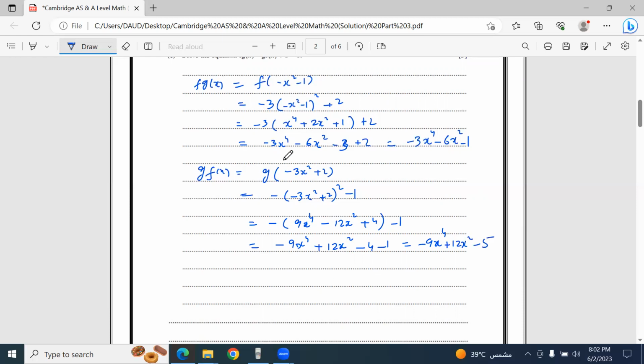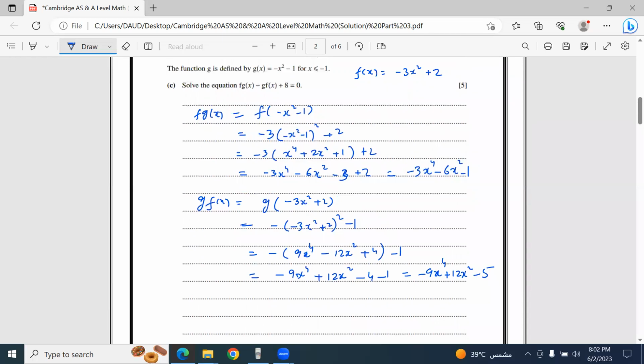After this, we can put it all together to make an equation. We see it is f g of x minus g f of x plus 8 equals 0.